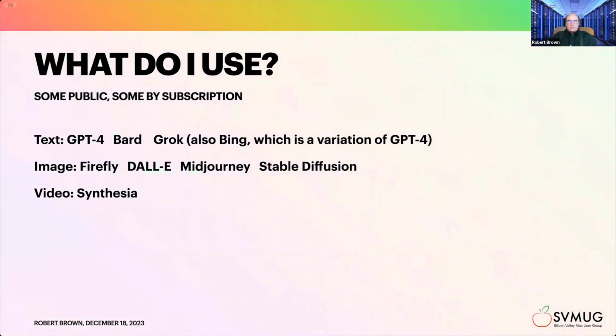For images, I do like Firefly the best, but I also have DALL-E and Midjourney and Stable Diffusion. And for video, I've been using Synthesia, which you may recall from some previous presentations.